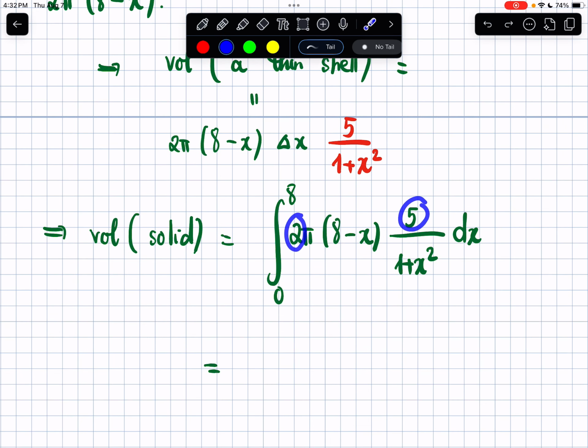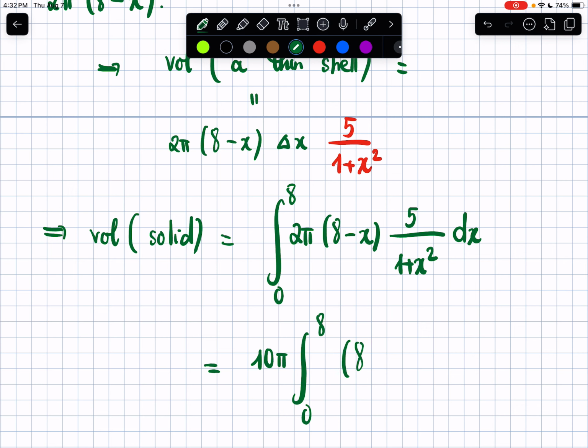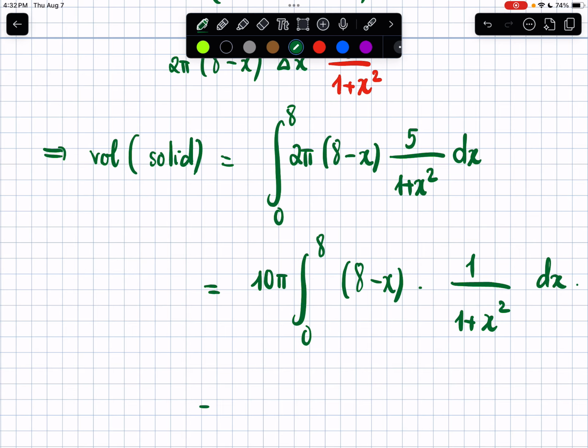So we have 2 pi times 5, which is 10 pi, outside. Inside we have the integral from 0 to 8 of (8 minus x) times 1 divided by 1 plus x squared dx. And by doing the computation, we get the volume of the solid.